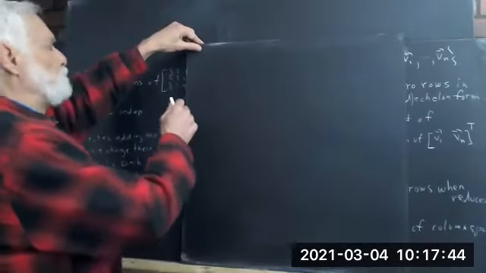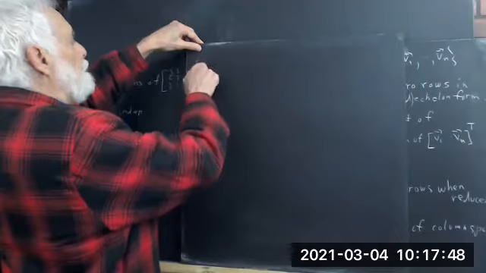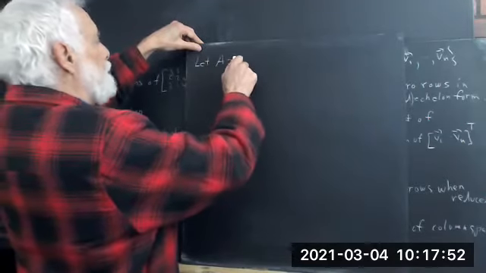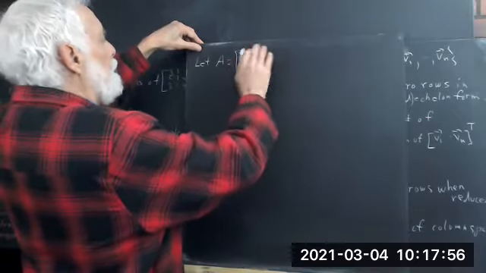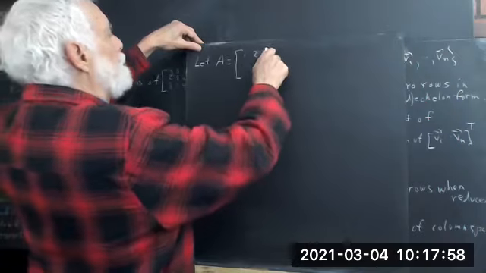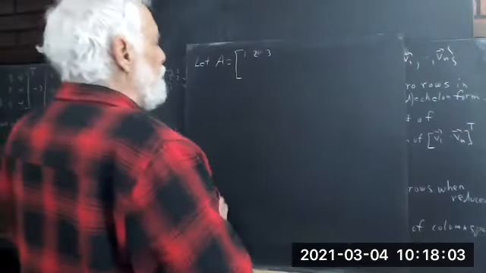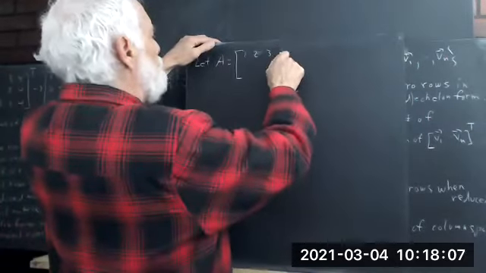So let's let A equal the matrix. I'm going to stick with our 1, 2, 3. Then I'm going to put a 5 here.